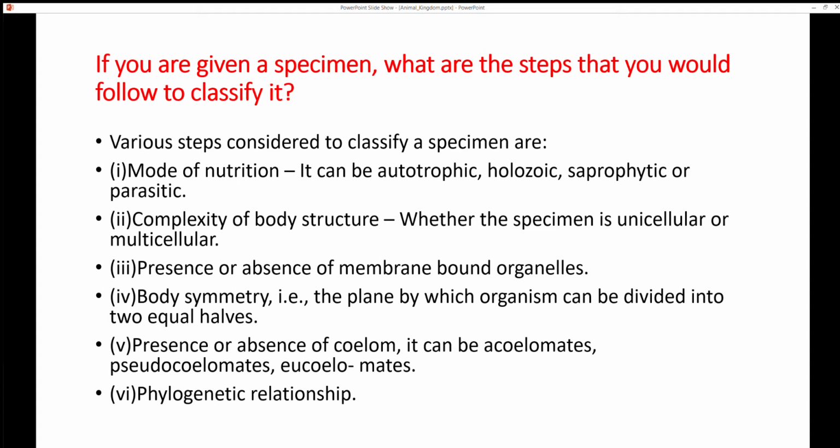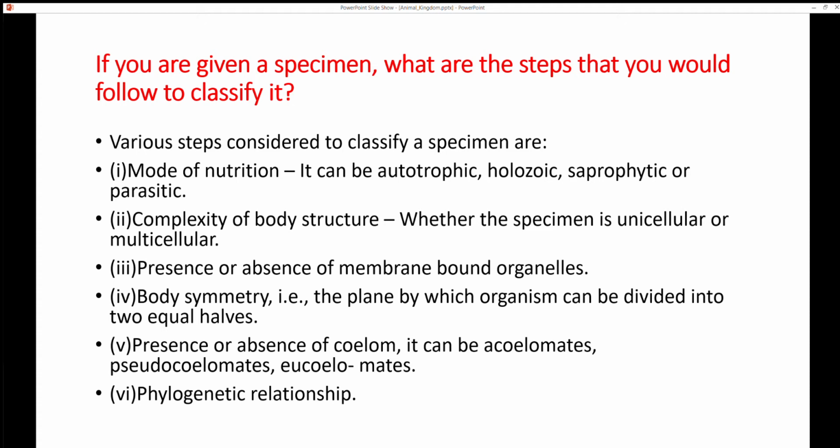And the second point is complexity of body structure, where the specimen is, suppose they give you a specimen like starfish or sponge or amoeba slide, to identify in practicals also. If amoeba comes, then it is unicellular, single cellular, even protozoa are all made up of a single cell, which is responsible for all metabolic activities of the cell.